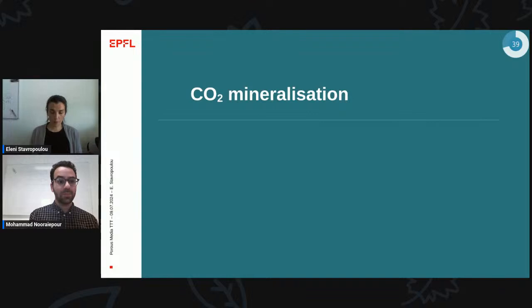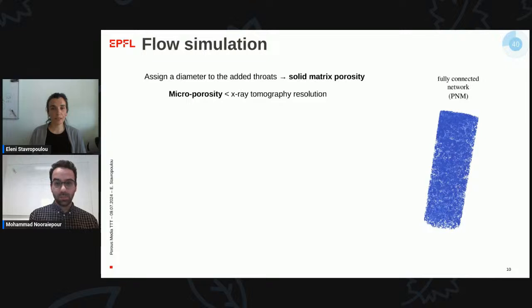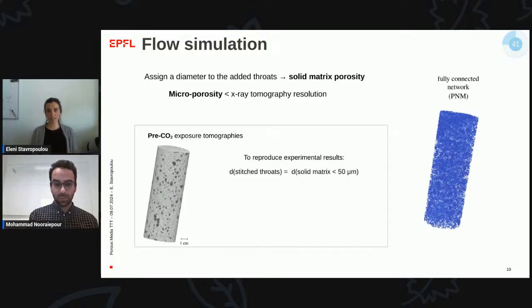Through the simulations, we're trying to target, as I said, CO2 mineralization. The reasoning behind adding these additional throats is to represent basically the resolutions below the X-ray tomography that we can't see. We know, as we saw before, that there are pores lower than 50 microns that we cannot see.